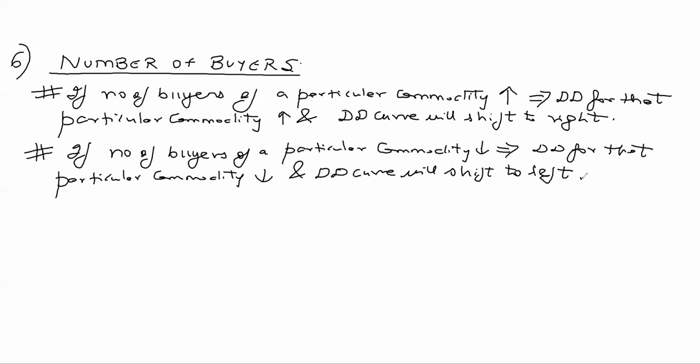Factor number 4, taste and preferences. Factor number 5, expectations about the future. And factor number 6, number of buyers, influencing the demand for a commodity. So there are 6 factors which affect the demand for a commodity. You will find all these 6 factors explained in depth in my lecture notes as well.